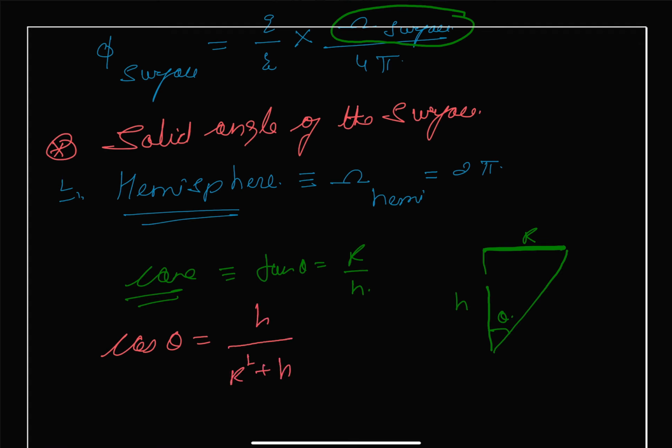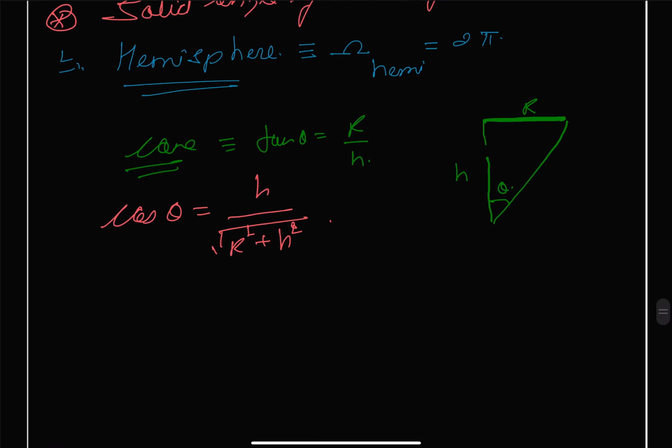So the solid angle of the cone will be 2 pi times 1 minus cos of theta.